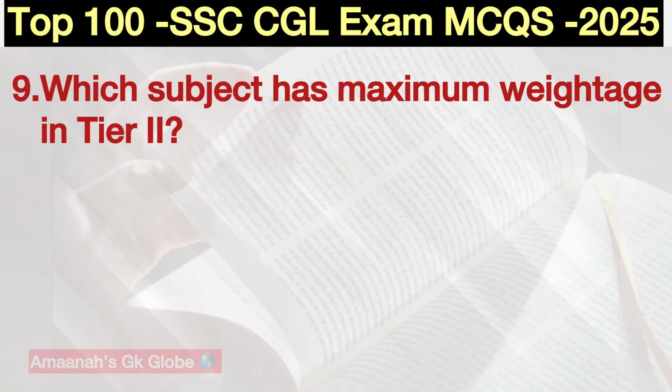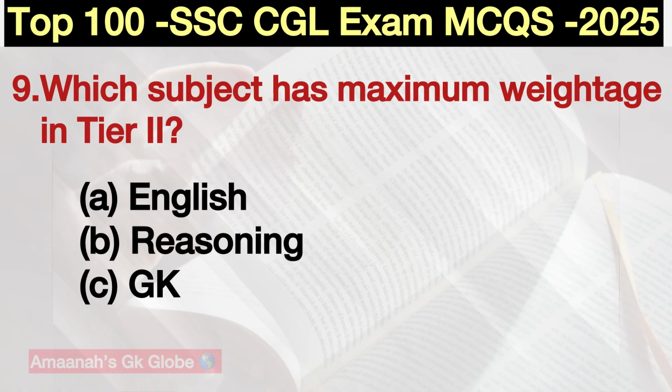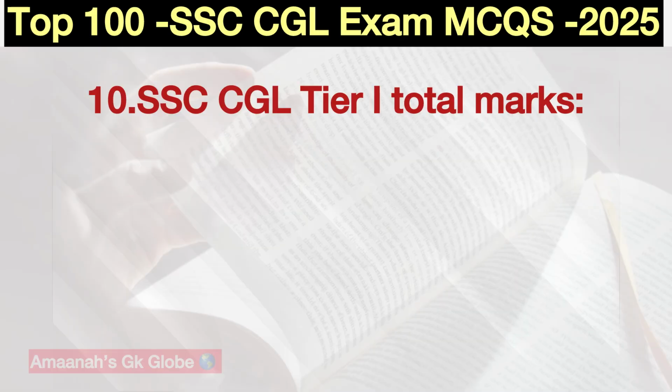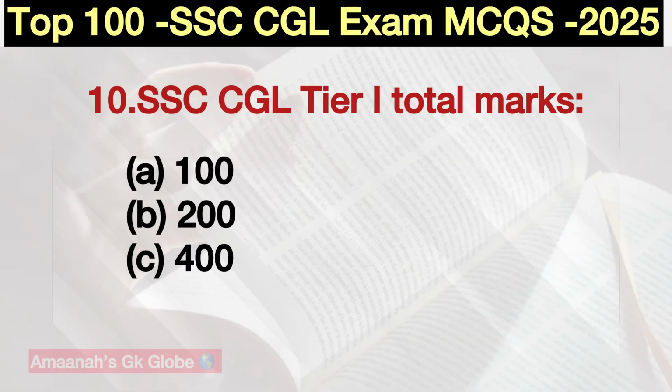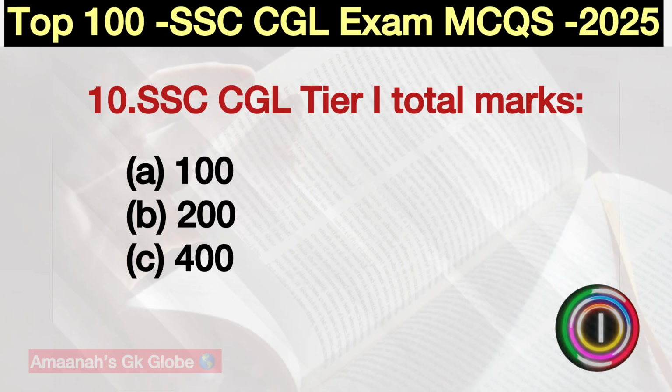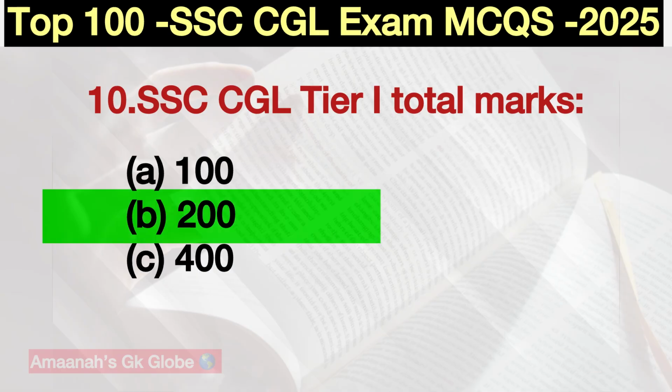Next question is, which subject has maximum weightage in tier 2? Option A, English. Question number 10. SSC CGL tier 1 total marks? Right answer is option B, 200 marks.